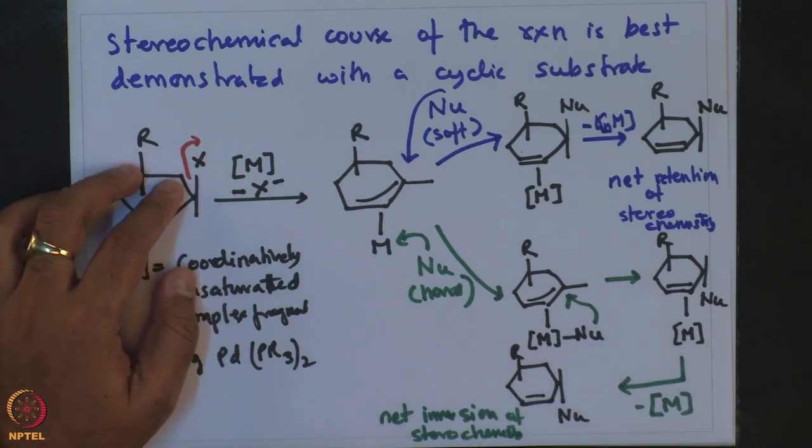So, this is a beautiful example which explains the kind of stereochemistry that is observed and which is dependent on the type of nucleophiles added.